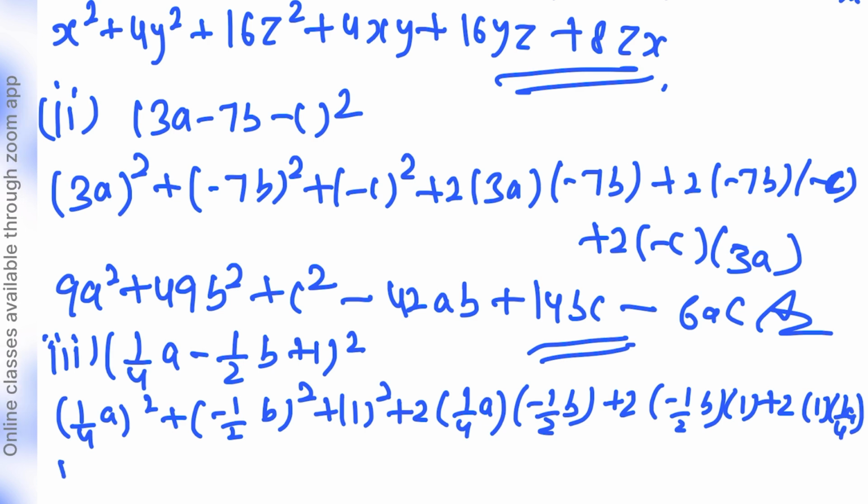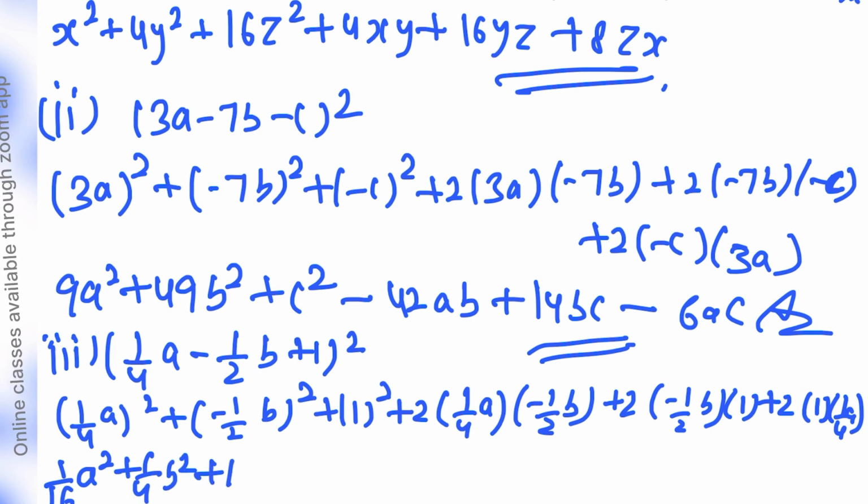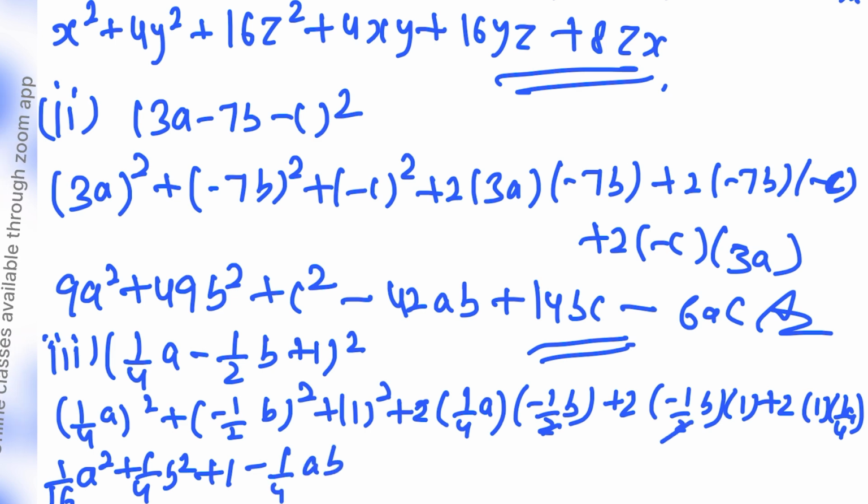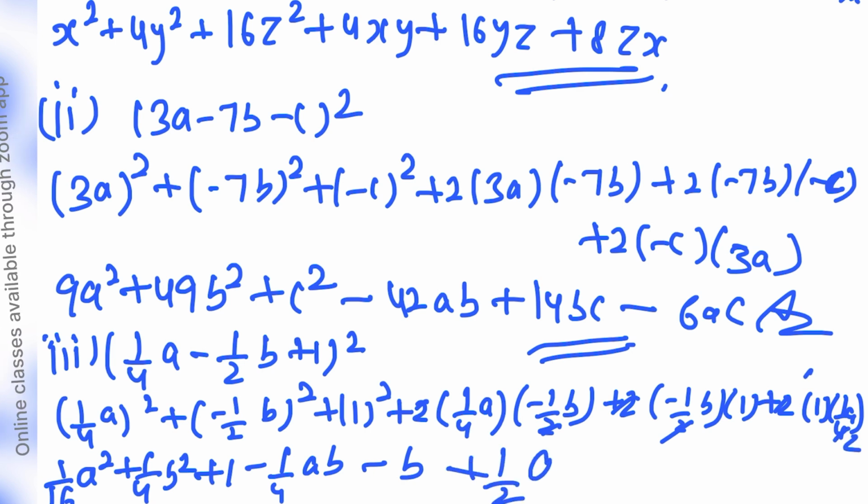Now solving this, so 1/16 a square + 1/4 b square + 1, and this 2 cancels 2, minus 1/4 ab. Then 2 cancels 2, so minus b, and 2 times 1/4 a, 2 cancels, so it becomes plus 1/2 a.